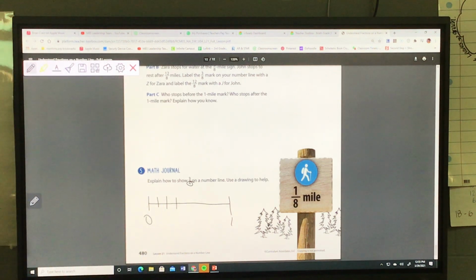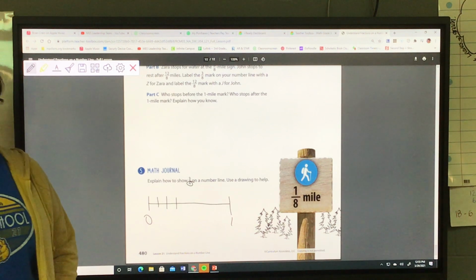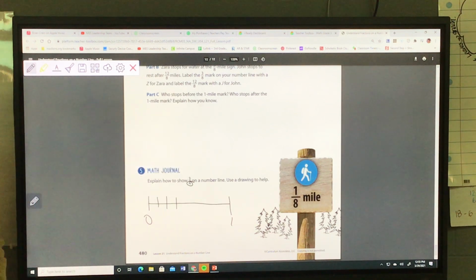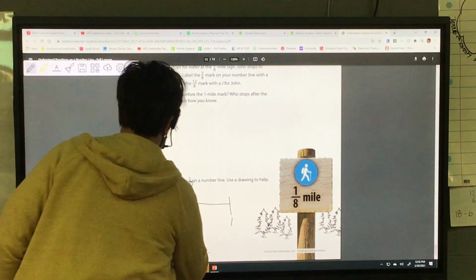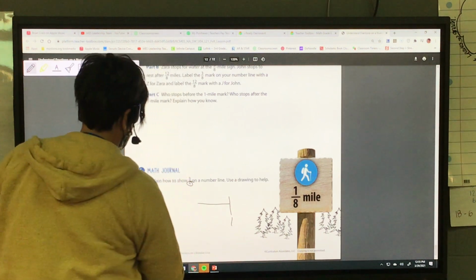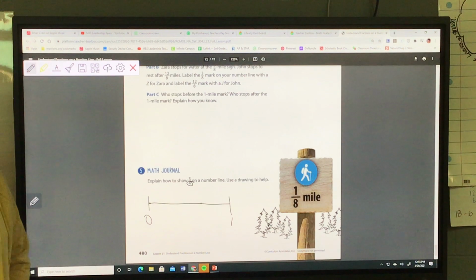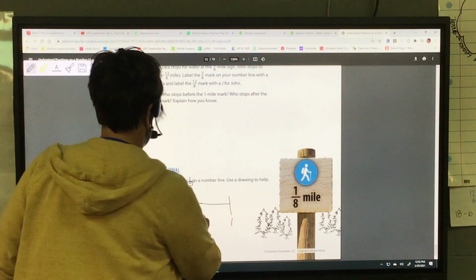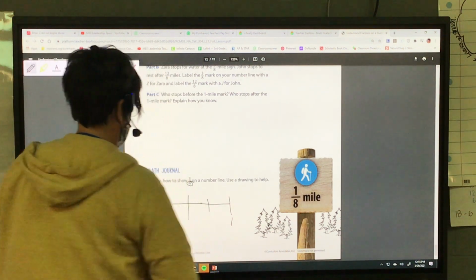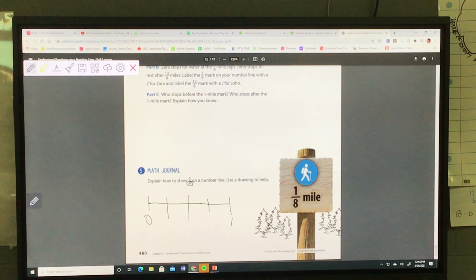Would that be good? No. Why not? I have 4 parts. They're not equal. Right. I need to do the best that I can to spread them out as evenly as possible, right? Is that better? Okay.